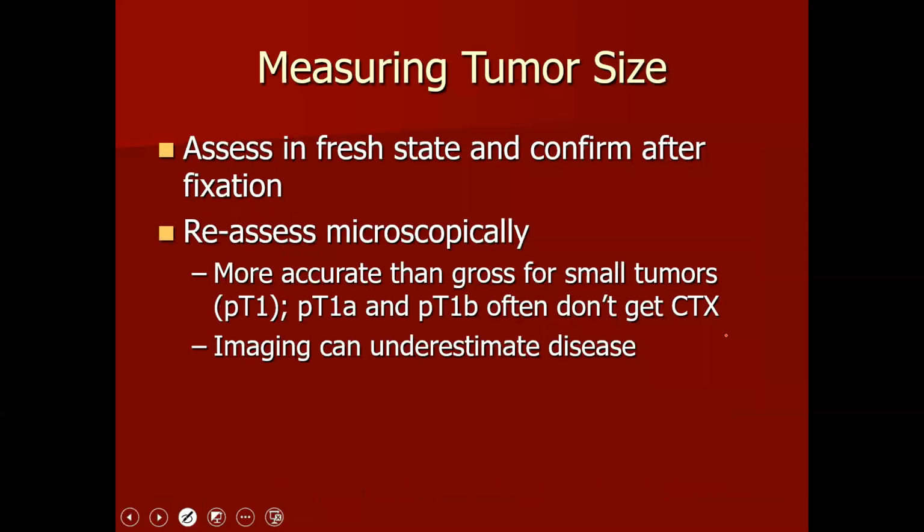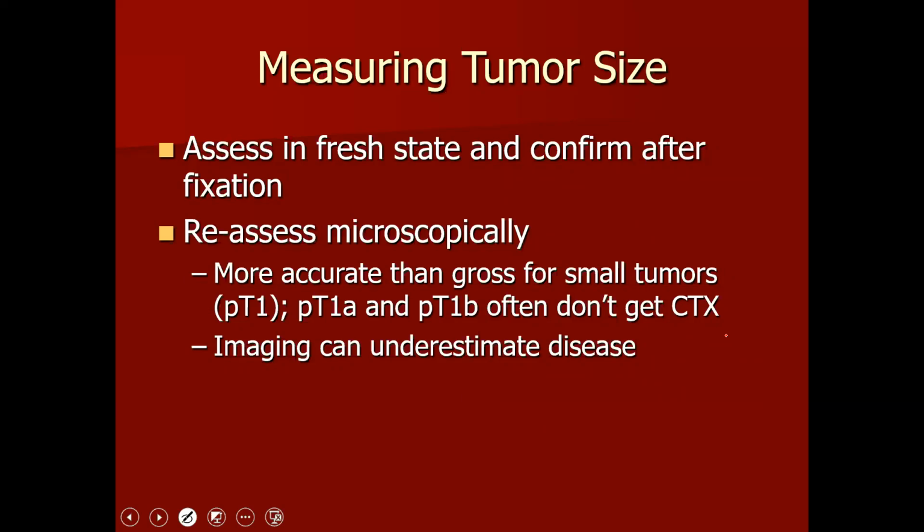staging. Now, because tumor size is so important, I want to speak a little bit about how we assess the tumor size, because this is going to affect you directly as you're in the gross room. So first of all, there are 2 steps to assessing tumor size. When we receive the specimen, we generally will ink the specimen and then put some cuts through the specimen.